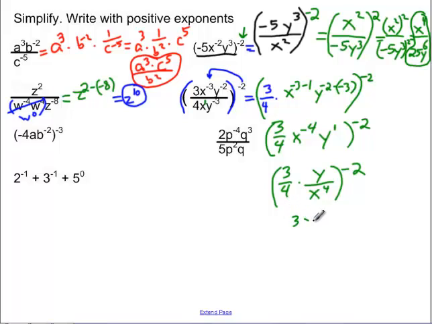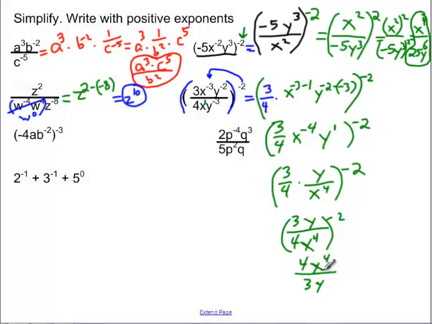Let's simplify this. This is 3y over 4x to the fourth power, all to the negative 2 power. If we take our definition, we would say that this is 4x to the fourth power over 3y. Oops, sorry, did I change my x's? This is x to the fourth power. Here's an x to the fourth power, because this is y over x to the fourth power.